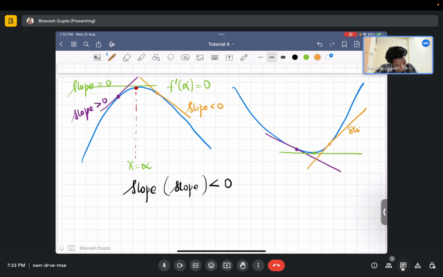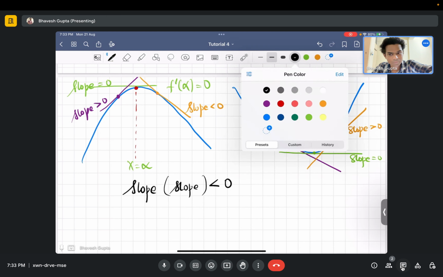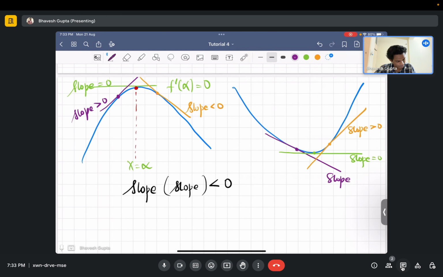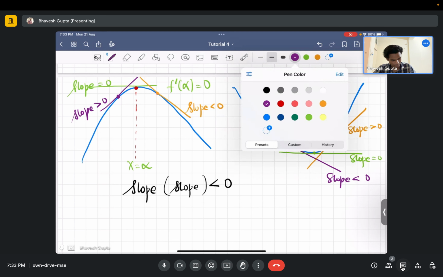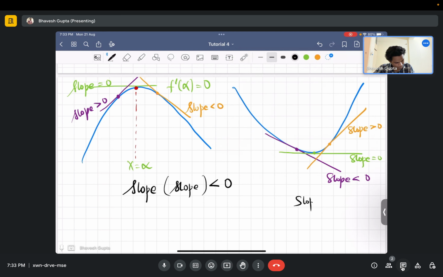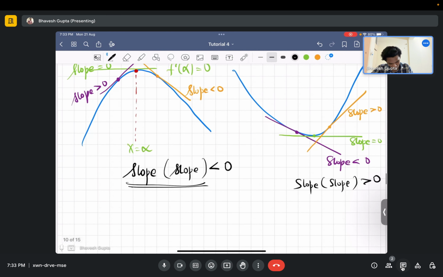Over here the slope is negative, over here the slope is 0, and over here the slope is positive. So what do we see here? We see that the slope of the slope turns out to be positive. And the way we interpret the slope of the slope is basically a double derivative. So what do we calculate? A double derivative.